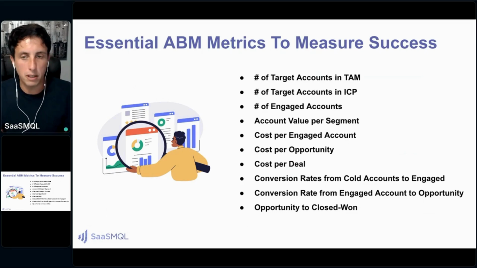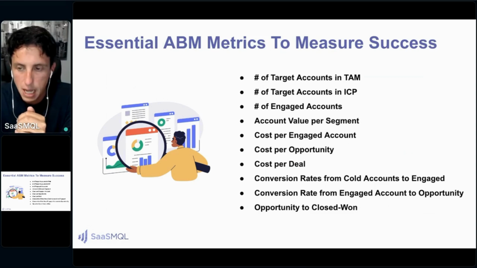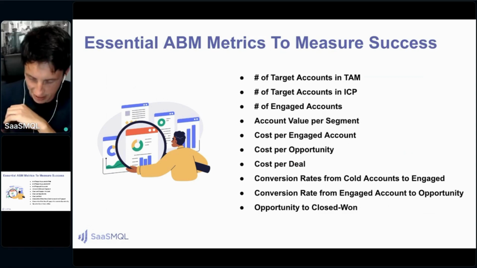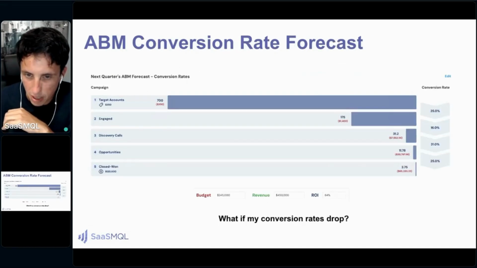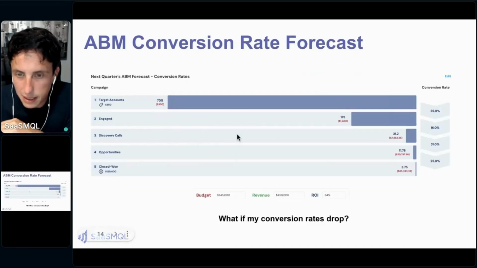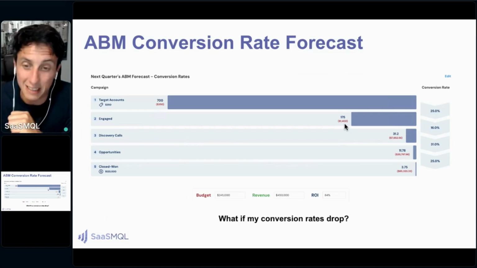And then the lowest one, maybe they're a 30K customer as well. And how do they differentiate? So you can create these different segments of target accounts. And then how much does it cost to engage one account from cold? When we look at these examples here, in this case, for example, one engaged account cost me $1,400.